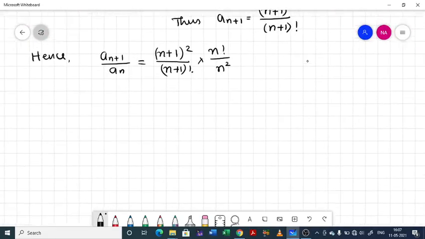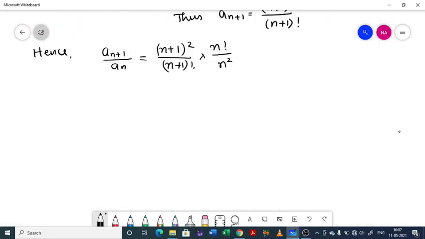Okay, now it will be n plus 1 whole square. Here you can take n square outside, will be left with 1 plus 1 by n whole square divided by n plus 1 factorial, that you can write as n plus 1 into n factorial into n factorial divided by n square.